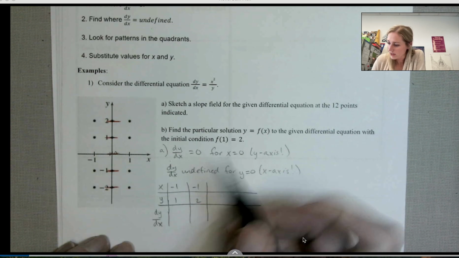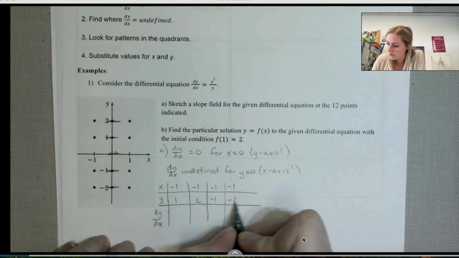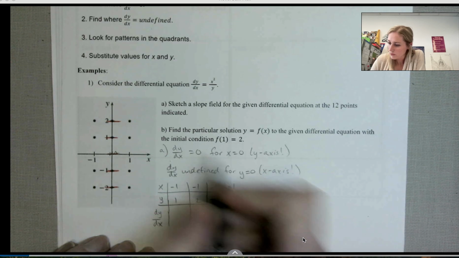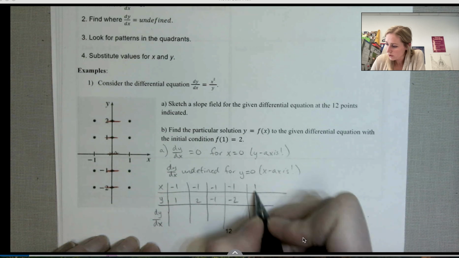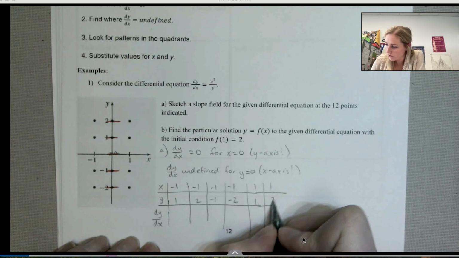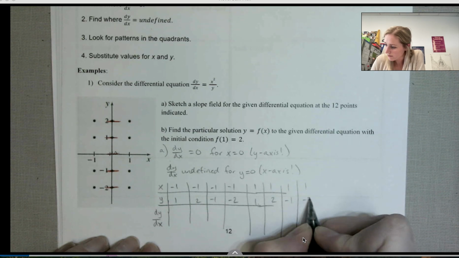We've got negative 1, negative 1. Negative 1, negative 2. And then we have these over here on the side: 1, 1, 1, 2, 1, negative 1, and 1, negative 2.